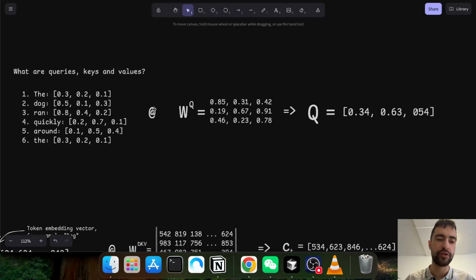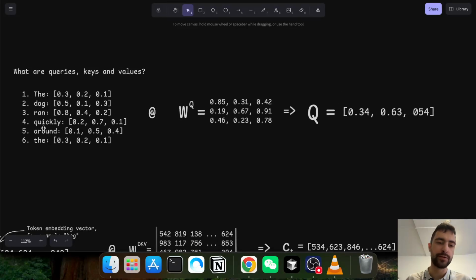This is matrix multiplication between these matrices, but we can just look at this vector, and it will produce this query vector. Usually this query vector is shorter, and maybe even a lot shorter than this embedding vector. And this query vector will communicate to all of the other tokens what kind of context this word quickly is looking for.